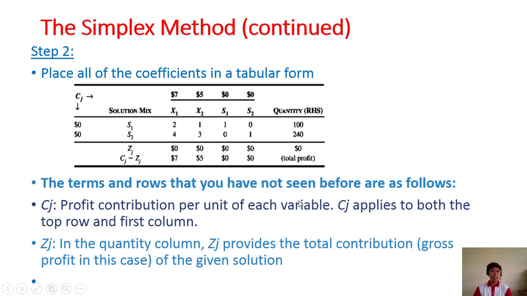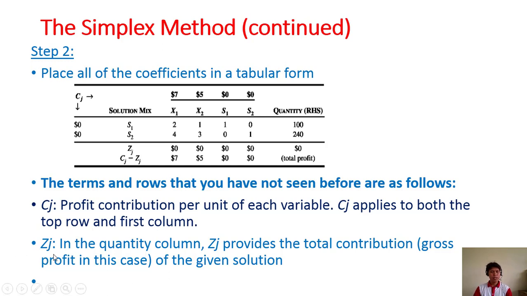Okay. And then the terms and rows that you have not seen before are as follows. We have Cj, the profit contribution per unit for each variable. Cj applies to both the top row and the first row. So we have the top row and the first row.